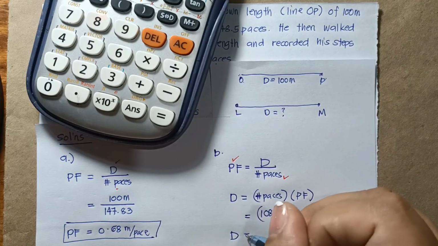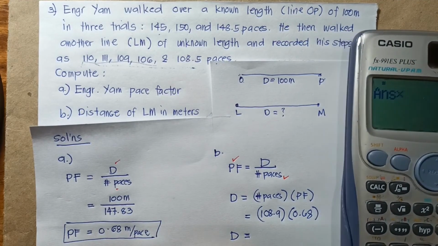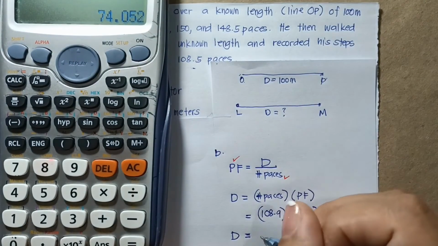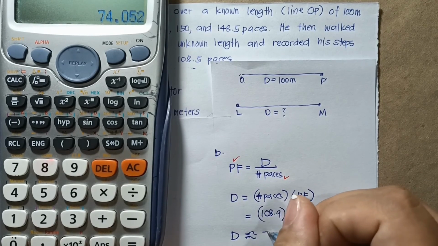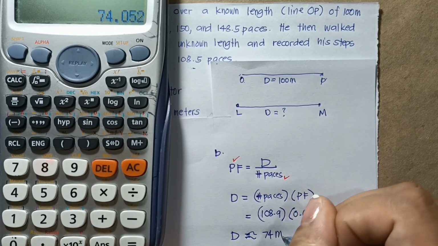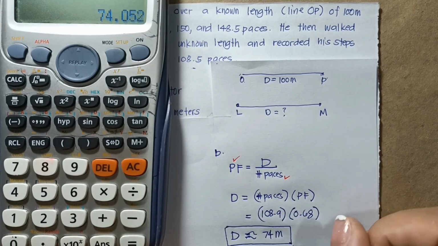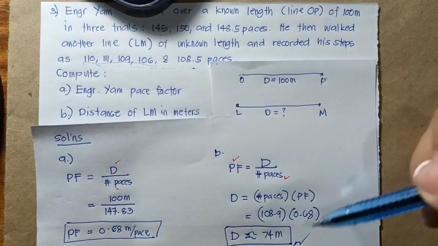Therefore, D, or the length of LM, is equal to around 74 meters. Okay, so this is the final answer for the length of line LM.